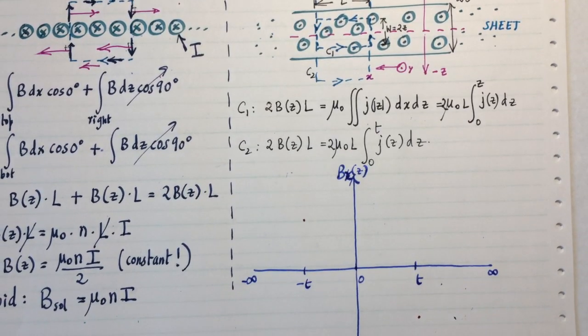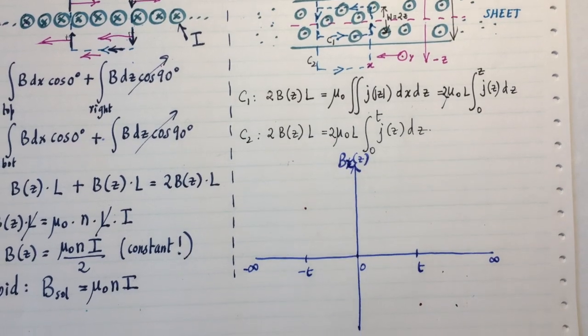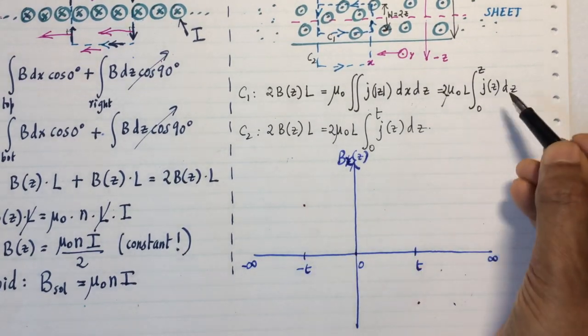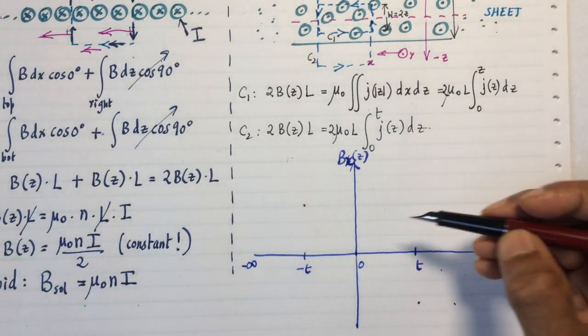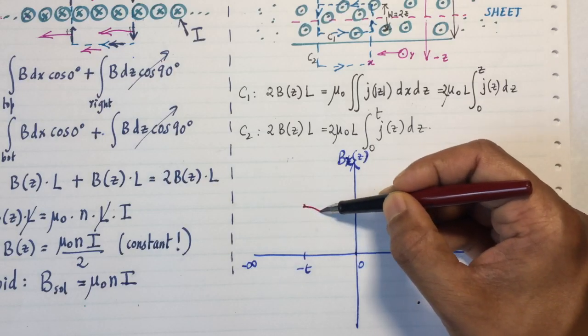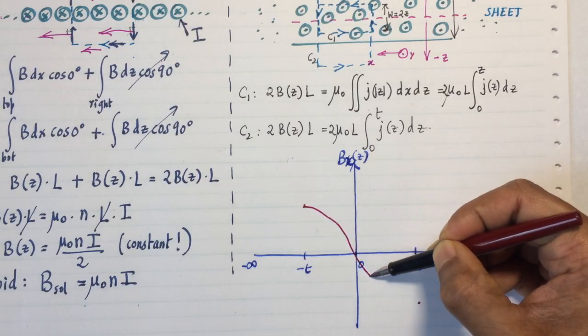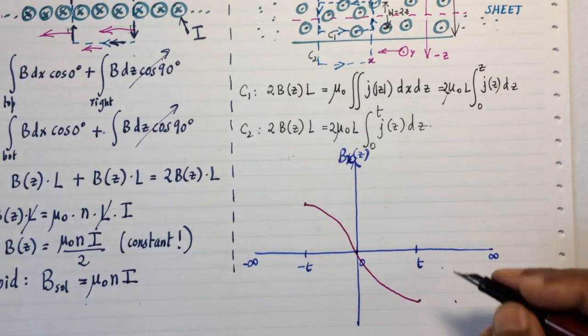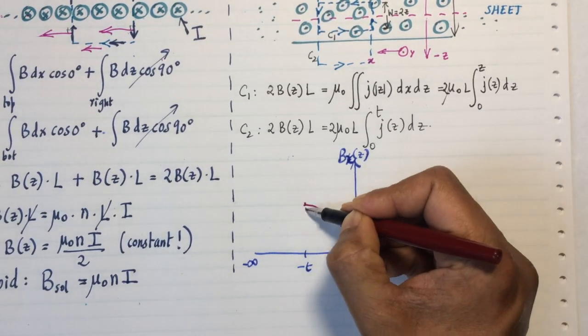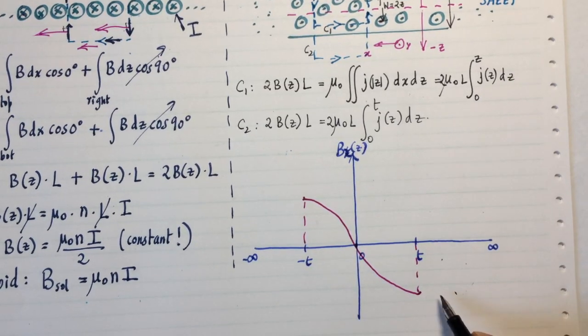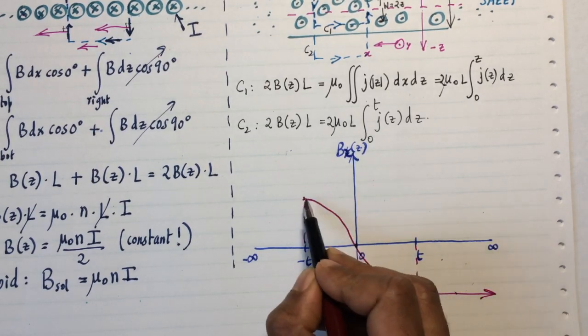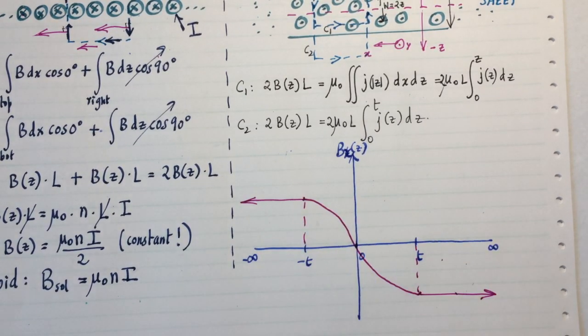As long as I have those two written down, I don't care what the middle looks like. Now I've not told you what j of z is, so it may be something crazy. I'll just draw something like this. Whatever it is, it needs to be symmetric. And once you come to the t value, you're frozen at that value. So the magnetic field will continue to be constant forever.